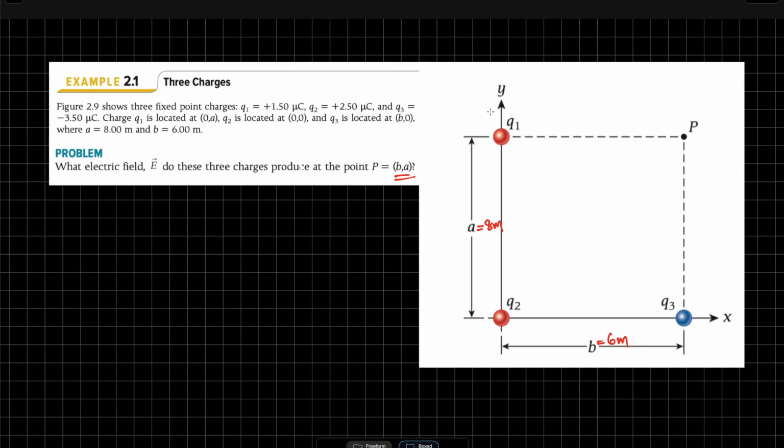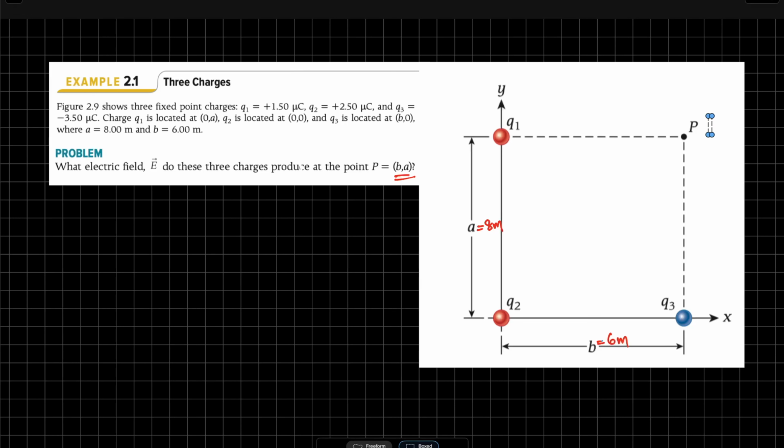Okay, so we have 3 charges, Q1, Q2 and Q3. Q2 is placed at the origin, Q1 is 8 meters away from Q2 on the positive y-axis, Q3 is 6 meters away from Q2 on the positive x-axis. We have a point here which has coordinate (B, A).